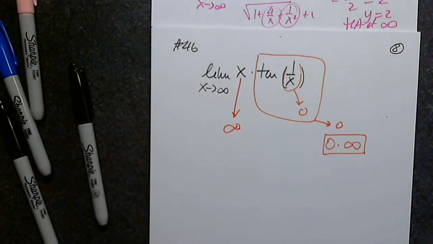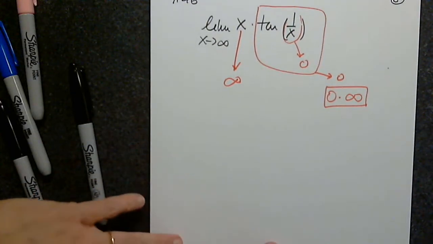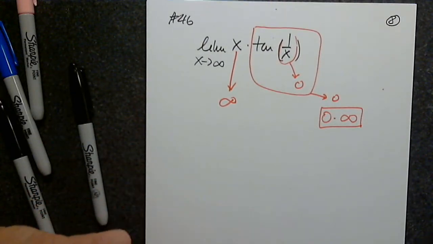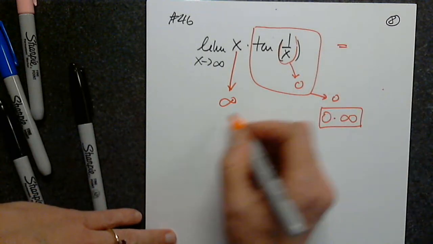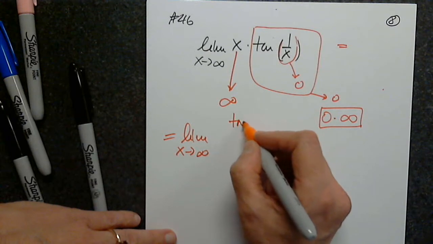So this is the product indeterminate case. Do not be afraid of this one, because this one should not be a big deal. I can't guarantee everything, but it should not be a big deal. With a very simple algebraic manipulation, we are going to get what we want.